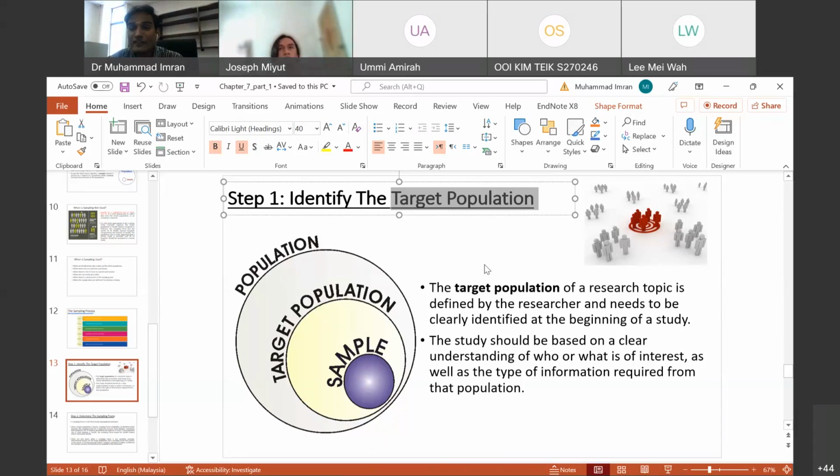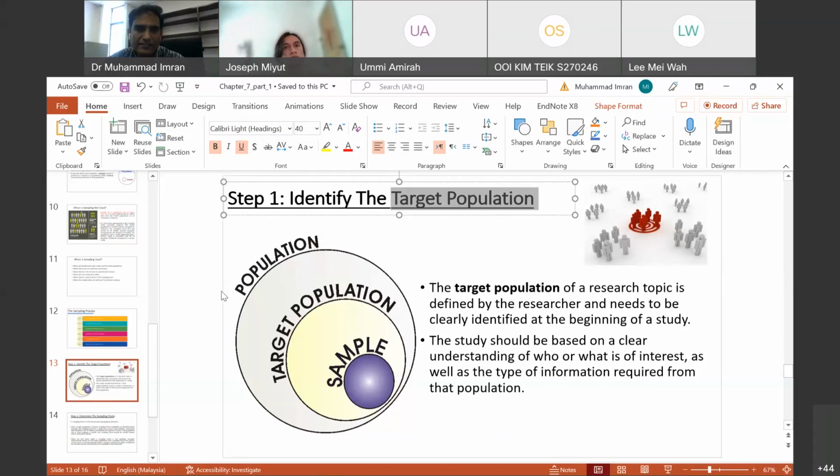So you have to identify whether you are going to get all the employees, or maybe your target will be only academic. If you will have all the employees, then your target population will be the whole. If you only consider the academic staff, then your target population will be the academic.